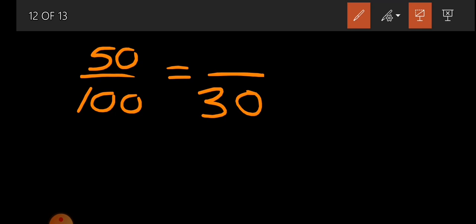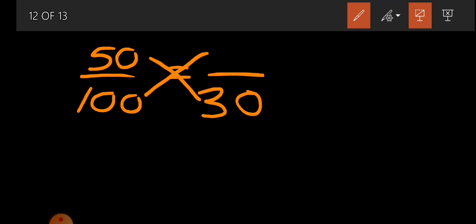So 50% of 30 means 50 over 100. This is the 50%. It's equal to how many parts from the total, which is 30. Okay, so here we have cross multiplication to find the missing number. So I will multiply 50 by 30, then divide by 100. But before that, as I told you, if your fraction can be simplified, you will simplify.